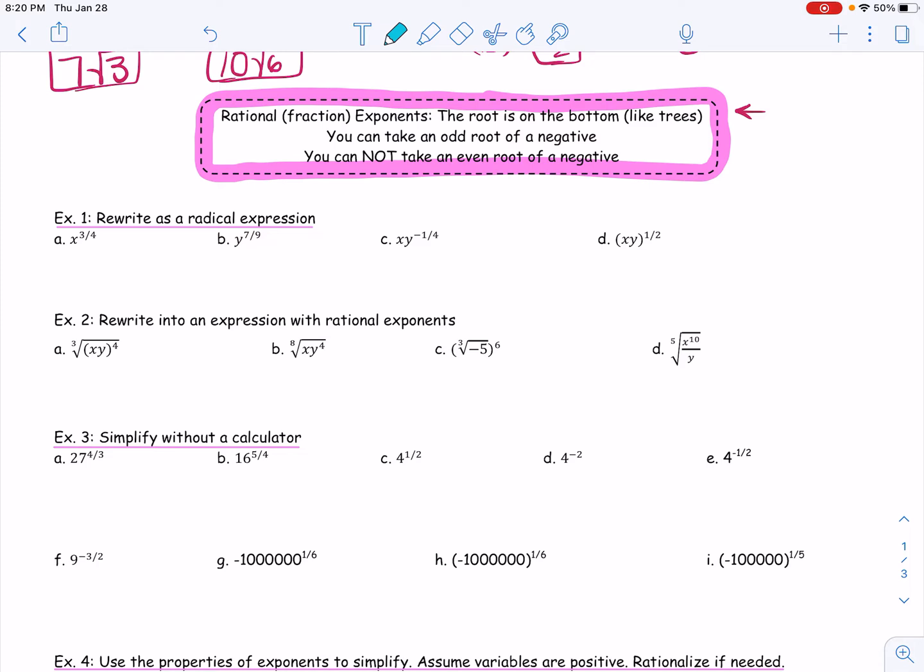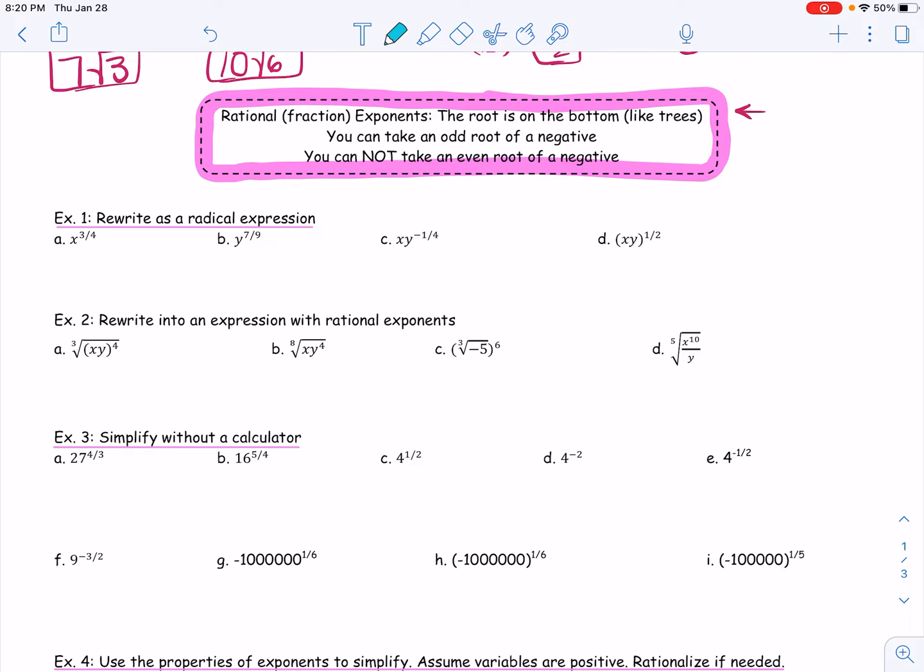You can take an odd root of a negative. Think about that. When I have negative 2 raised to the third power, an odd degree, I get a negative result, which means I can take the cubic root of negative 8, because I know negative 2 times negative 2 times negative 2 gave me a negative 8.